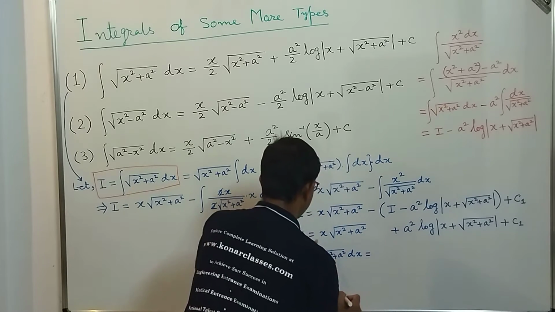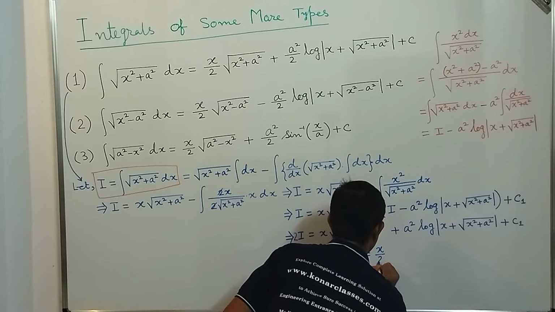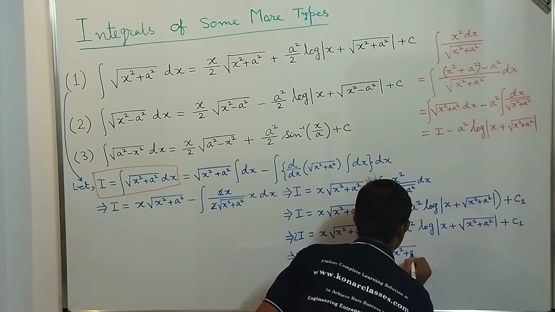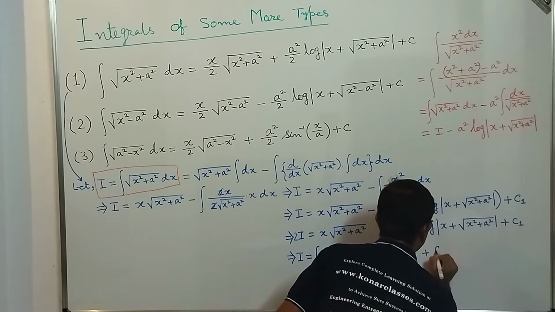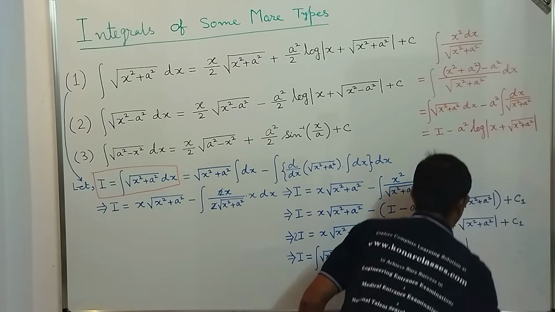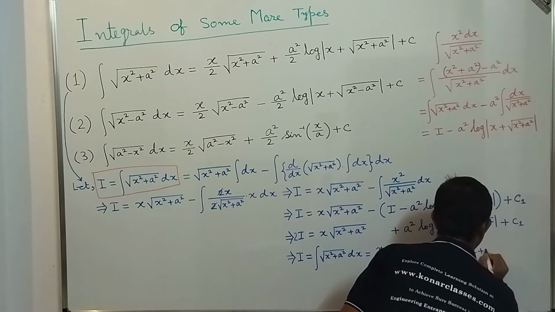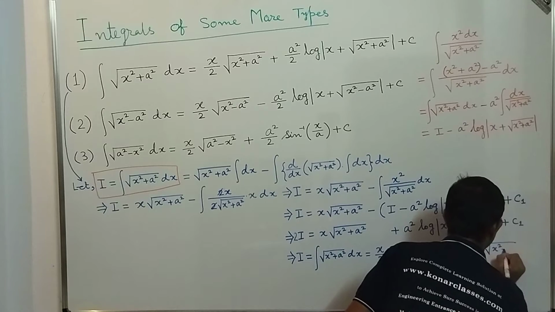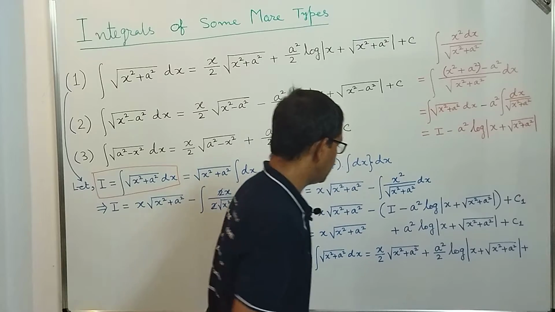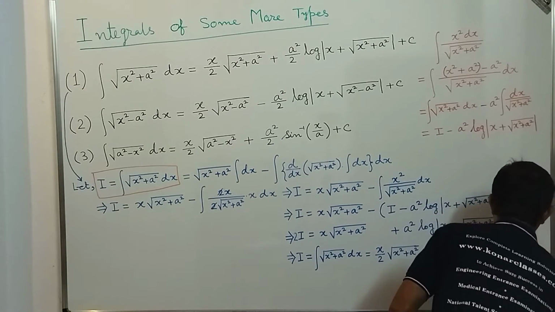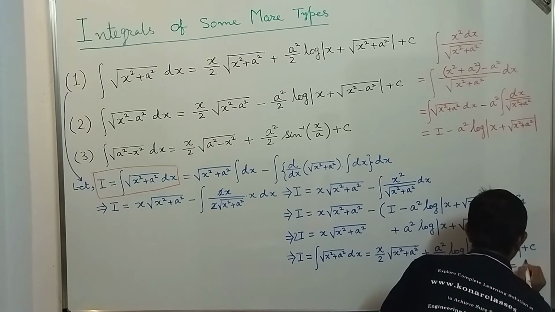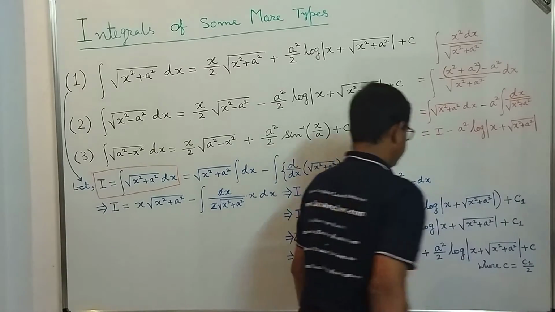This is equal to x by 2 into square root of x square plus a square plus a square by 2 into log mod x plus square root of x square plus a square plus C1 by 2, and we can consider C1 by 2 as C. So we can write where C is equal to C1 by 2.